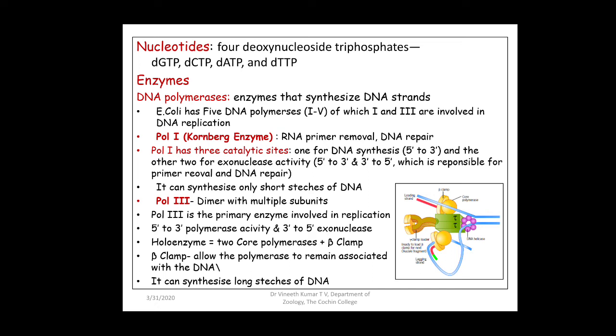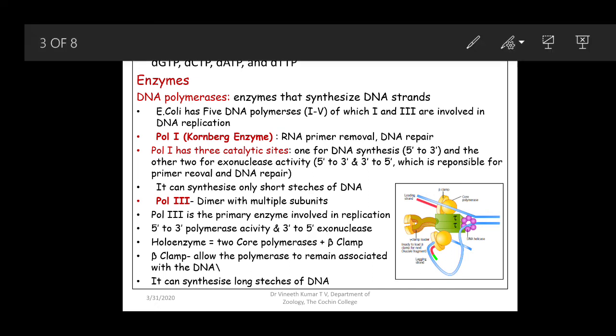The main enzyme involved in DNA replication in prokaryotes is pol 3. As you see in the diagram, it is a dimeric enzyme. Dimer in the sense that every subunit is present in 2 units. You can see the core polymerase and the beta clamp, everything duplicated.